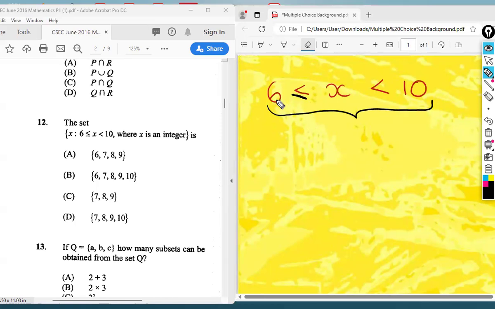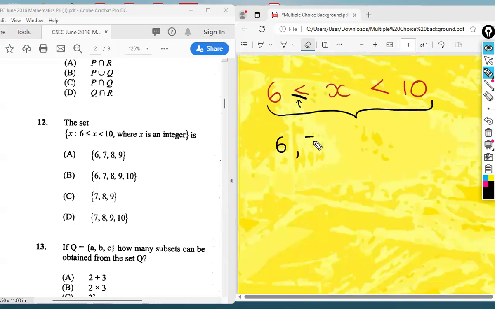This means 6 is less than or equal to. Remember when it has the extra line, it means equal to. You notice for the 10, it doesn't have the extra line. So that means you're counting from 6 to 10. Now the 6 is included because they said 6 has the equal thing attached to it.